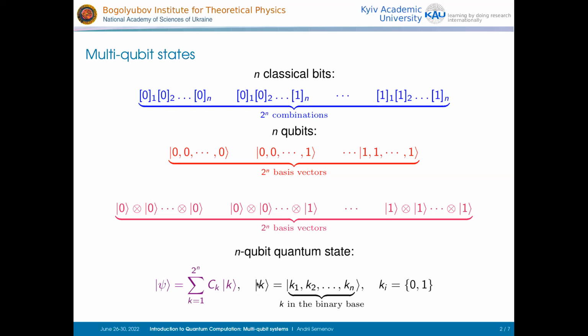So you can associate it with some number in the binary base. Look what happens when n is, for example, 300 qubits, not really a large quantum system. 2^300 is a really huge number. This is actually more than the number of elementary particles, or at least atoms, in the universe.